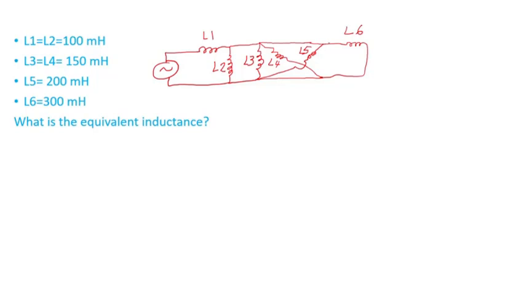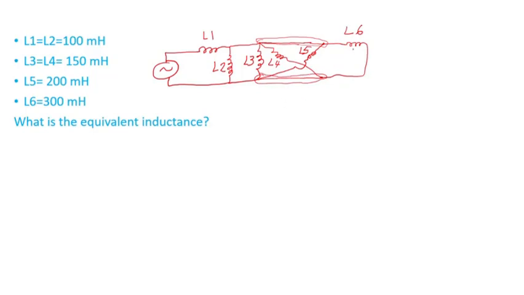So the first step is notice that this point here and this point are the same potential. So that means this here is just one point basically. And the same thing here, this point all the way to this point are at the same potential.